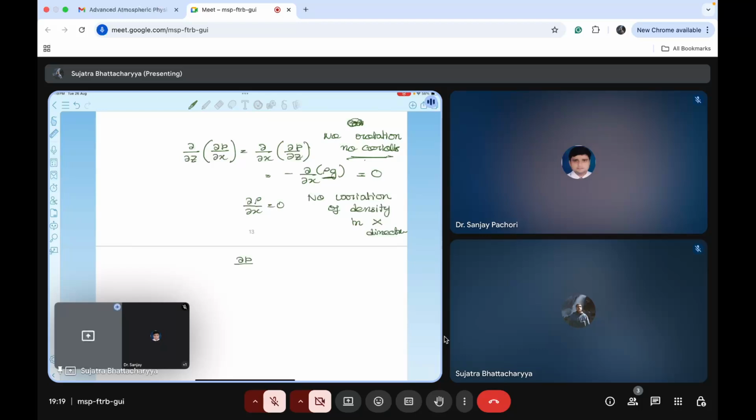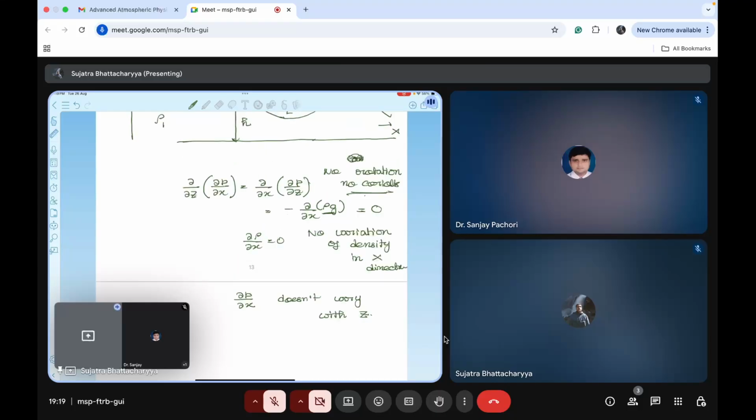But the pressure gradient, del p del x, does not vary with z. So see here, I have applied the hydrostatic approximation.